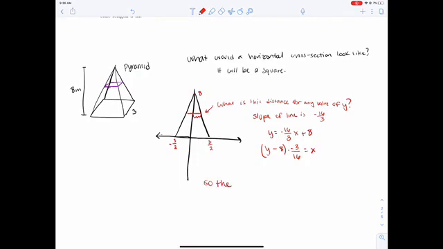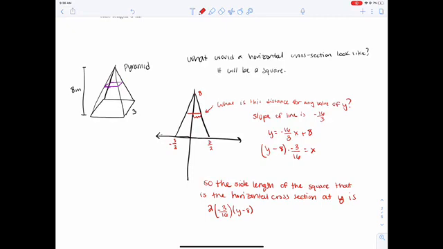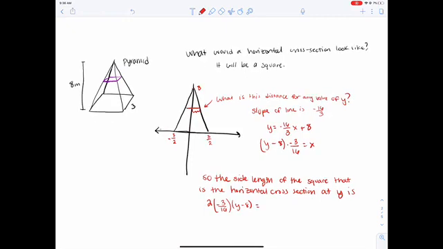So the side length of the square that is the cross section at some value of y will be twice that. So it'll be 2 times negative 3/16 times (y minus 8). And we can simplify that to negative 3/8 times (y minus 8).